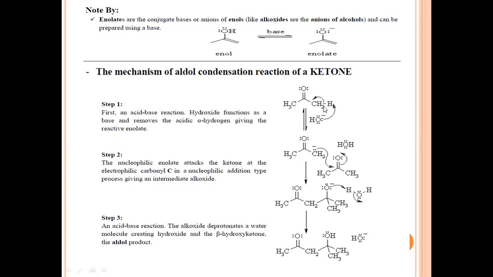Now, due to the abstraction of the alpha proton from the structure of the first aldehyde or ketone molecule, this compound is electron disturbed as we have removed one of the protons. So due to the breakage of the bond between hydrogen and this methyl functional group, it is going to have an unshared pair of electrons.